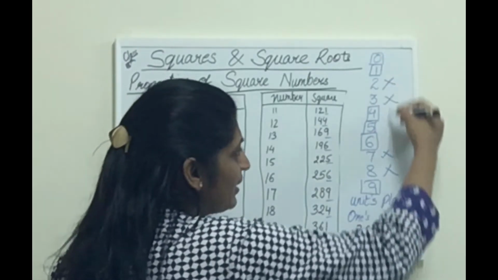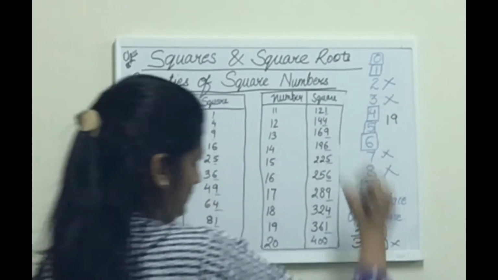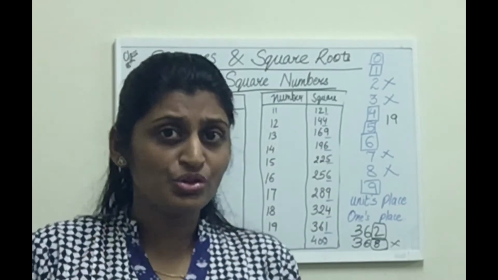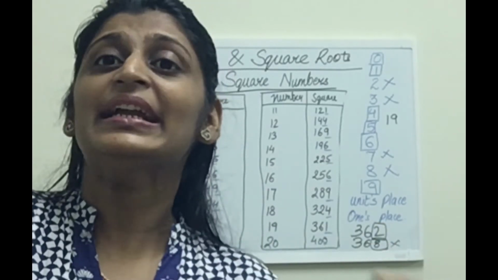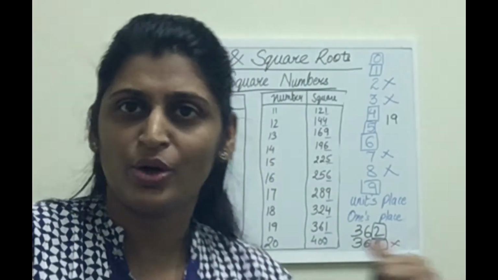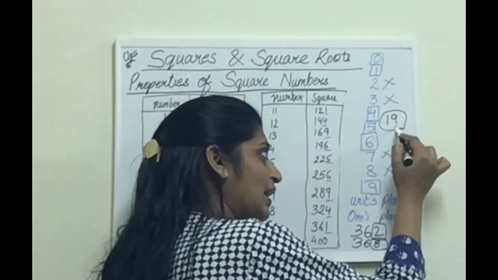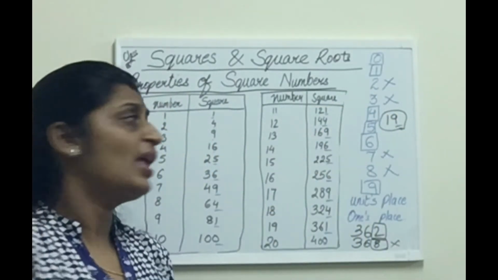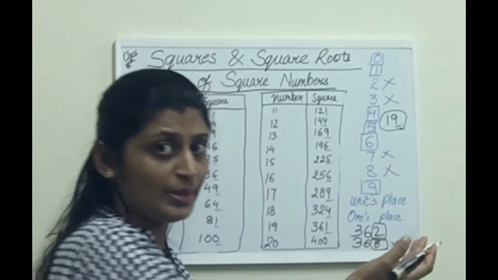Now coming to the rest of the numbers. Suppose I give you 19, and ask you, without solving, whether it can be a perfect square or not. Looking at the ones place, we see that there is 9. Since there is a 9, yes, 9 can be at the unit place.